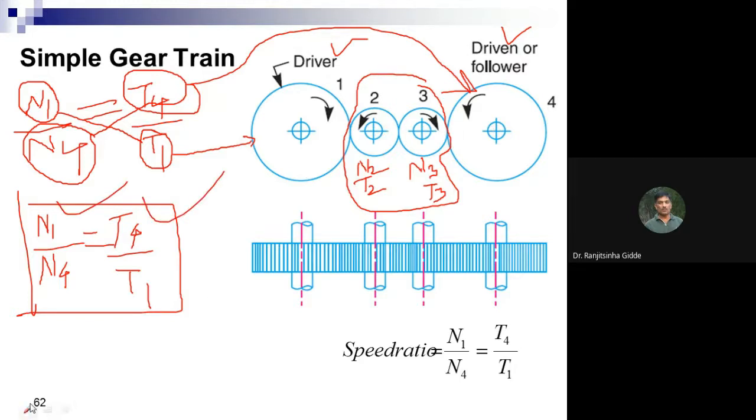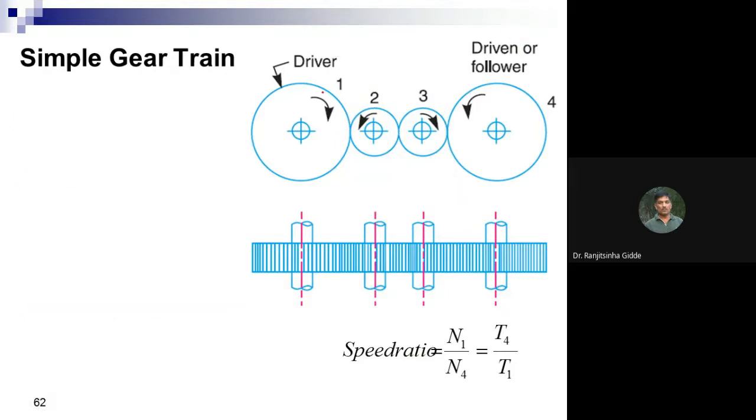So therefore, whatever gears in between this driver and the driven, they are called idler gears. Remember, this is important. The gears number 2 and 3 make no difference to the velocity ratio. Because of that, those gears we are going to call idler gears. Okay.